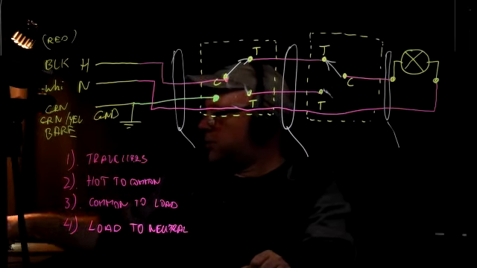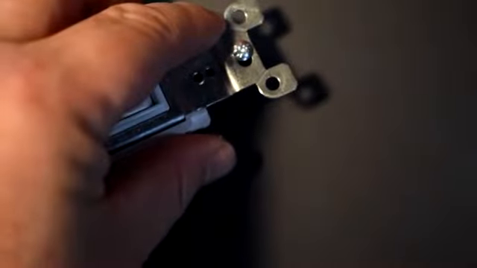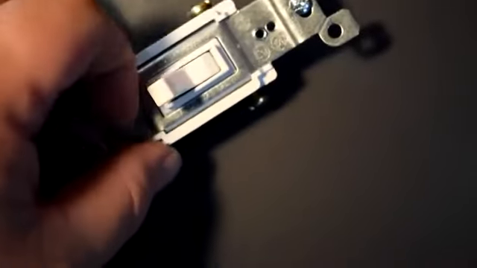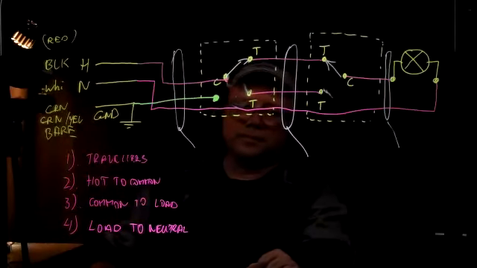Then this switch itself is going to be bonded, while its chassis, its assembly, which is also metal, is mounted onto the device box. Through that metallic structure, that chassis is considered to be bonded in Canada.